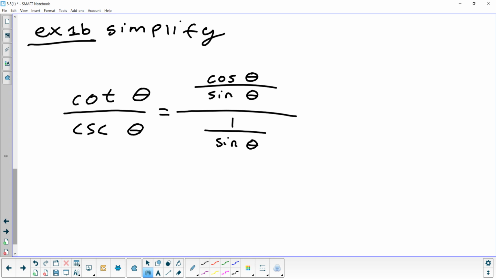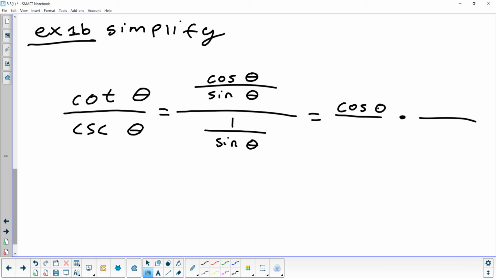Multiply by the reciprocal. Go ahead and tell me what would I have? Cosine over sine times sine over 1?